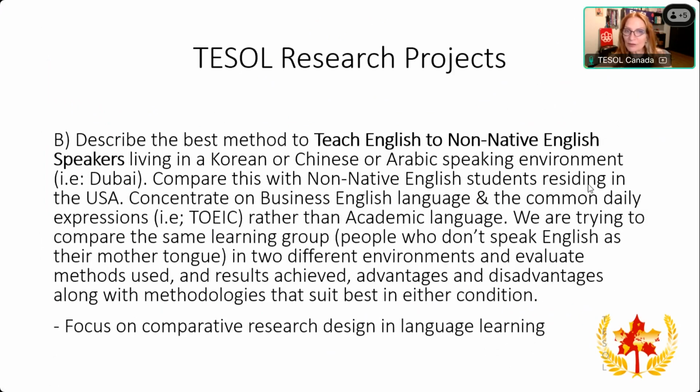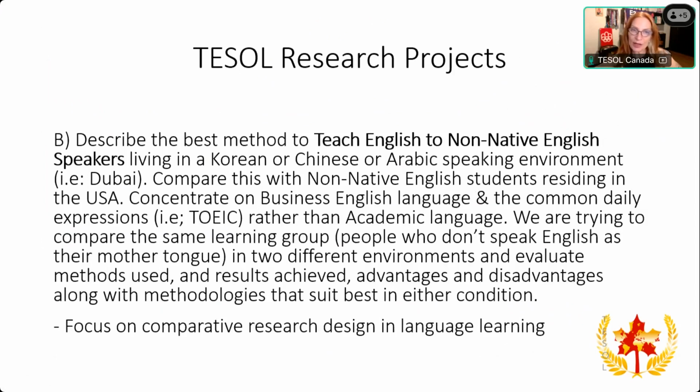B. Describe the best method to teach English to non-native English speakers. For instance, living in a Korean or Chinese or Arabic speaking environment. So you're teaching English to non-native speakers, but not in an English speaking country. So compare this with non-native English students residing in the US, for instance, or in Canada, or in an English speaking country.